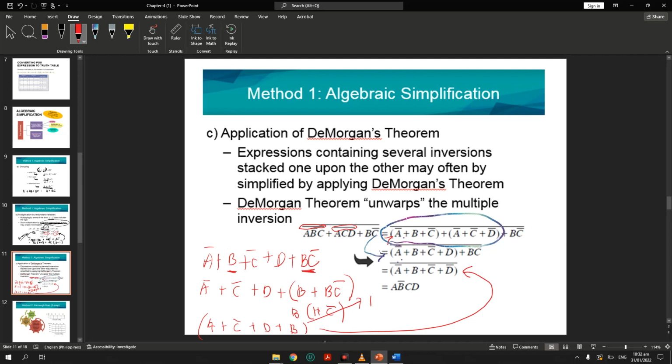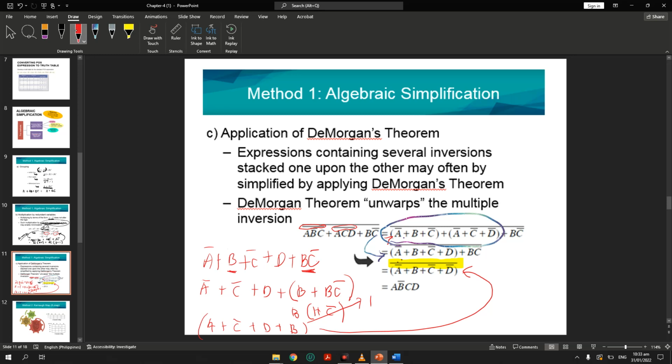But take note, we have not yet simplified this long bar here. We have not yet simplified this one. So again, applying the rule of De Morgan, if you want to break the bar, you have to change the sign.